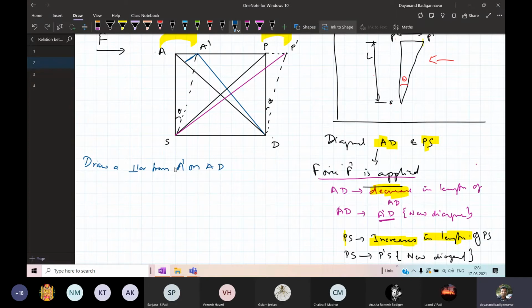From this point you draw a perpendicular. This I will call Y.